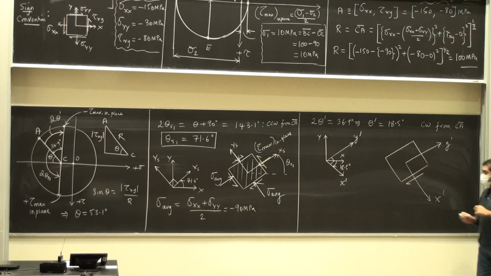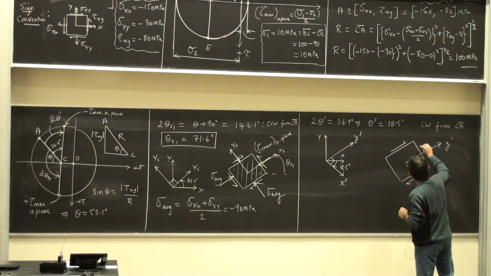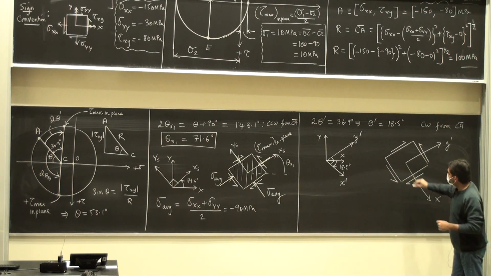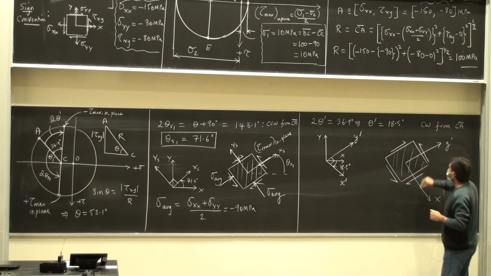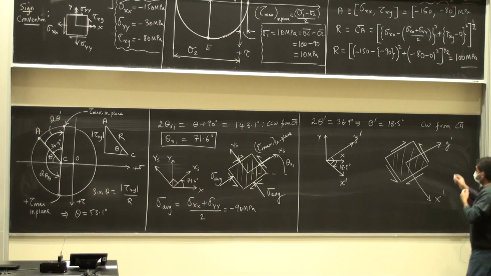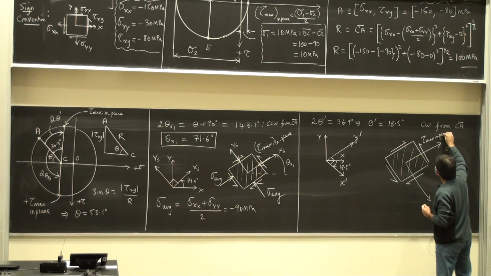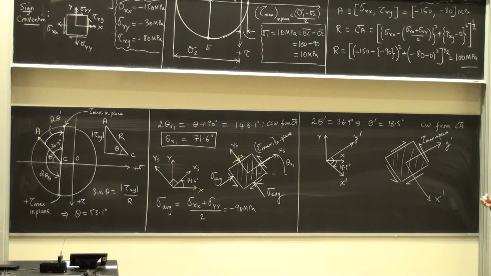Once I have one of these, that is done, that is done, that is done. So this is tau max in plane. I'm going to have an average normal stress value which is compressive, that does not change.